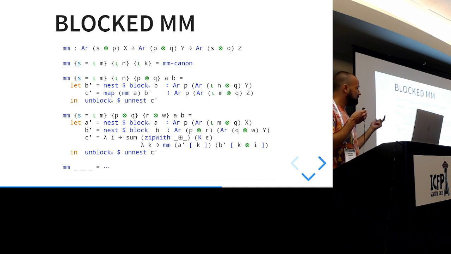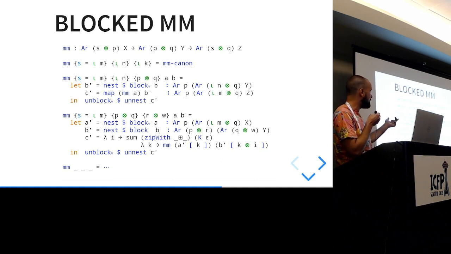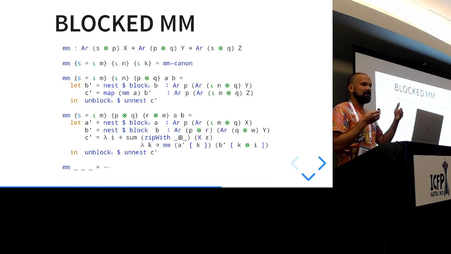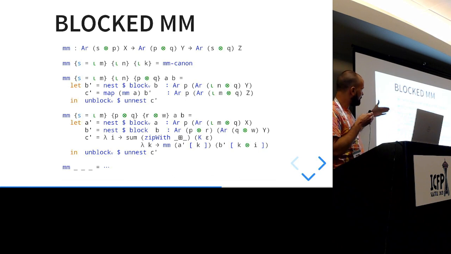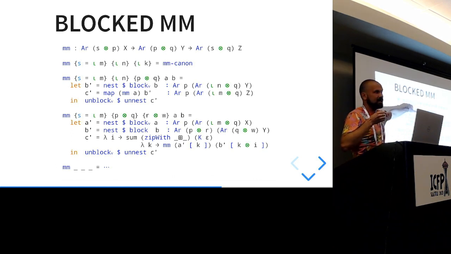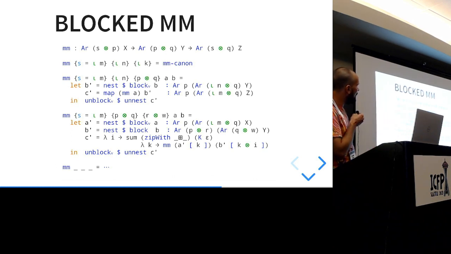Every S, P, and Q can be either a singleton, this iota, or a product itself. And if we consider all the 8 possibilities, then we implemented the blocked matrix multiply for all the possible shapes that you can come up with, given that this relation holds.